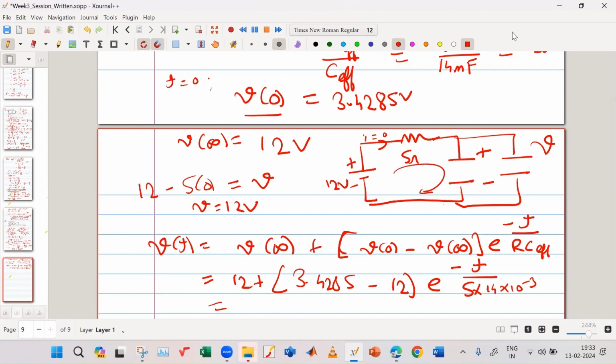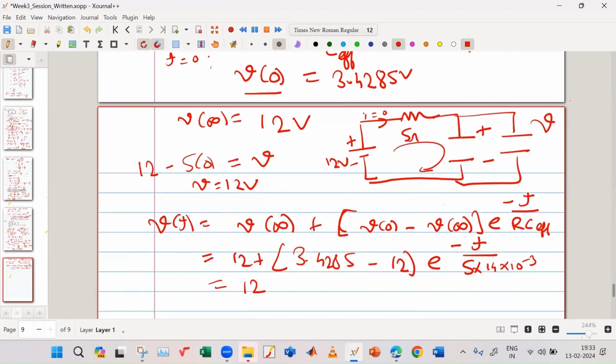That becomes what? So what is 3.4285 minus 12? Minus 8.5715. It becomes minus 8.5715 into e raised to what?